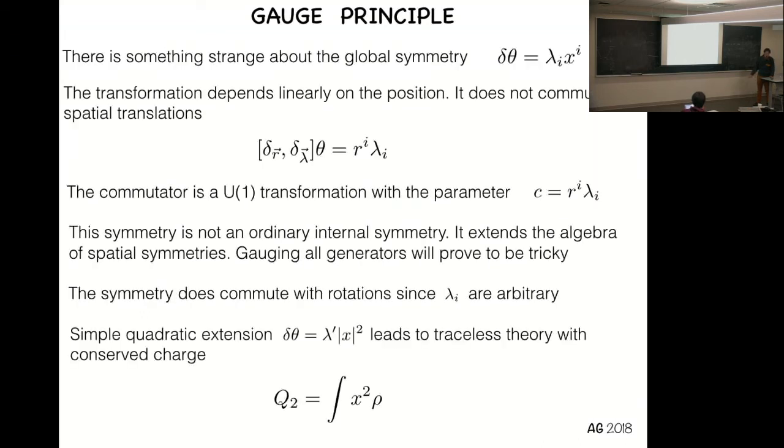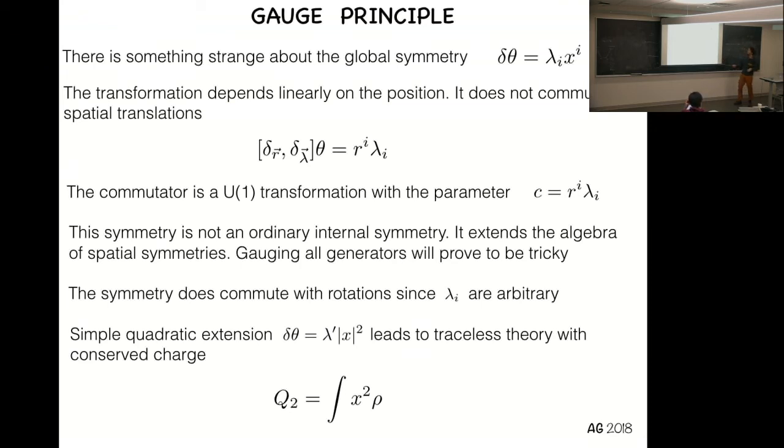But now it raises a different question. We took the linear polynomial, but shifting theta by a linear polynomial is a little bit bizarre because now my transformation, although I consider it global, depends on the point in space. And it's not even that that's bizarre. What's really bizarre is that if I try to compute the commutator of translation with this transformation, I get non-zero.